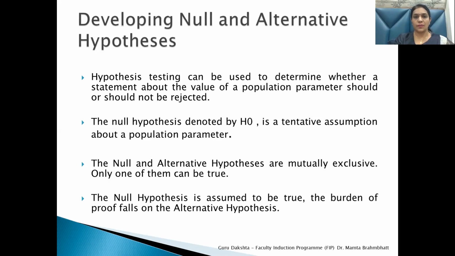The null and alternative hypotheses are mutually exclusive. Only one of them can be true. So if I'm saying that the null hypothesis is assumed to be true, the alternative hypothesis is false. So the null hypothesis, we are always testing for the possible rejection. The burden of proof falls on the alternative hypothesis.